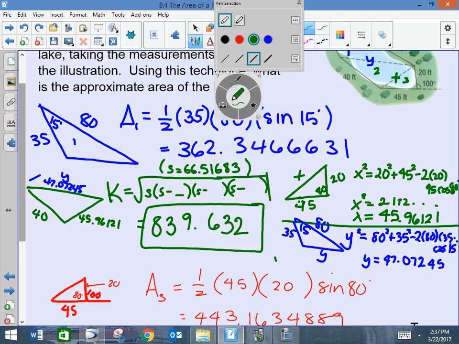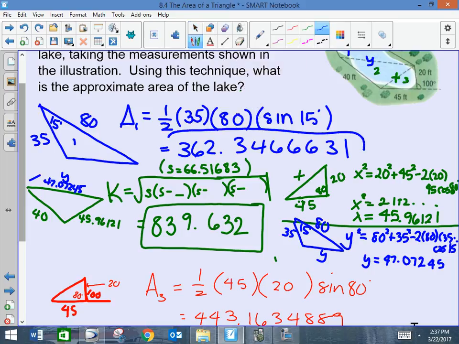But how many times did you look at this triangle to get those sides out of there? I looked at it several times. So if you need that visual, then you have to create that for yourself. All right, now what? We're almost done. Add them all up. We're going to add area 1, and remember, this is sitting here waiting for you.